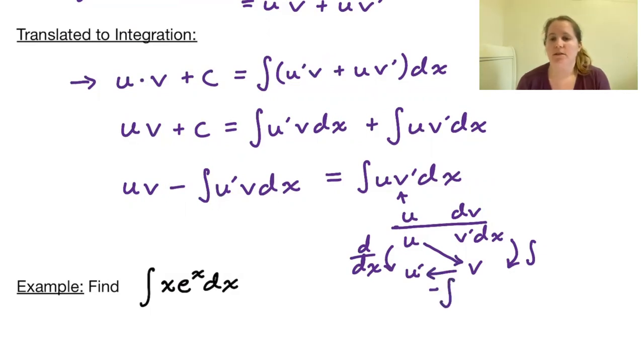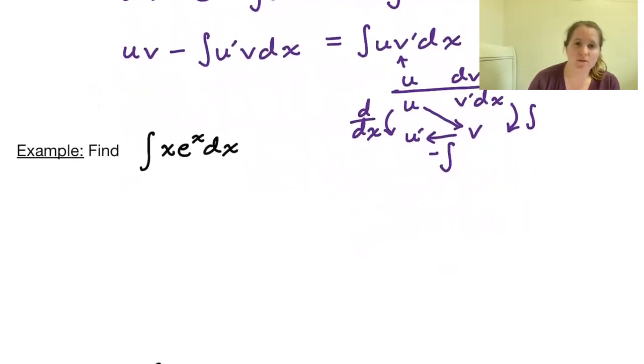So I usually use integration by parts just via this sort of little table as opposed to writing out the formula. So if I want to find the integral of x e to the x dx, I'm going to need to pick one part of that to be what we take the derivative of, and one part where we take the integral. So x, taking the derivative of the function gets simpler, whereas if we take the integral, it gets more complicated.